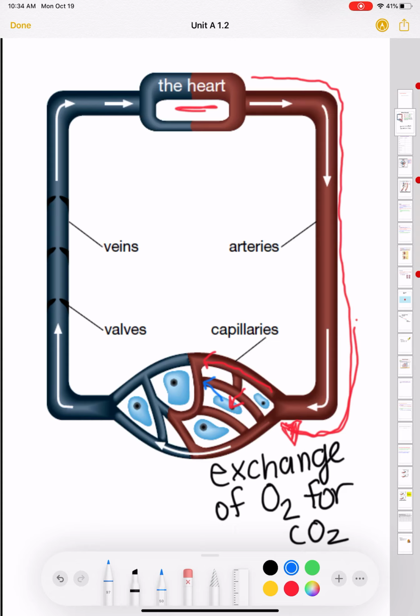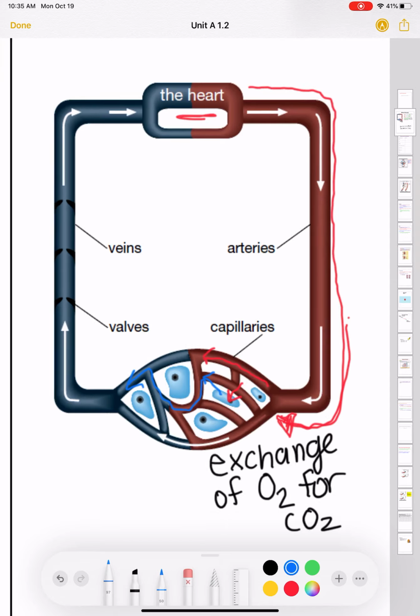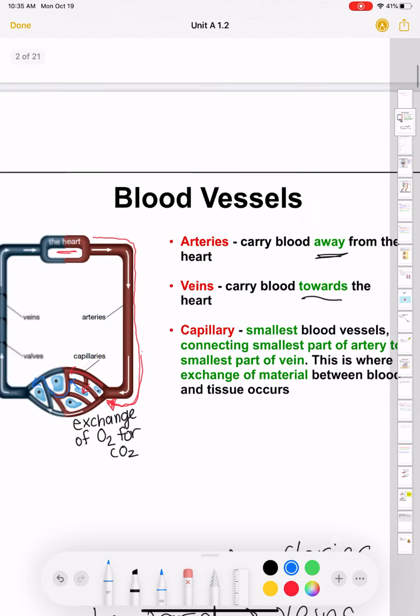And when it doesn't have oxygen in it anymore, it has carbon dioxide, because this is a simultaneous thing that happens. As the carbon dioxide leaves, the oxygen comes on, so it's like an exchange. So now this blue blood, this deoxygenated blood, is now going back towards the heart. And remember, towards the heart is veins.